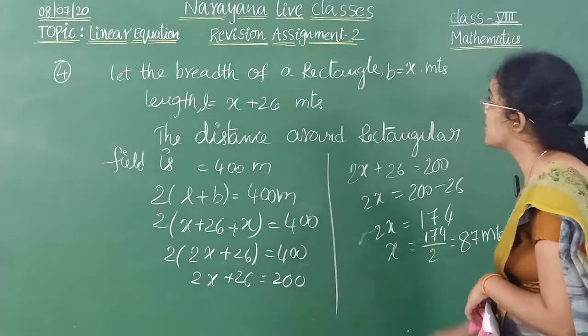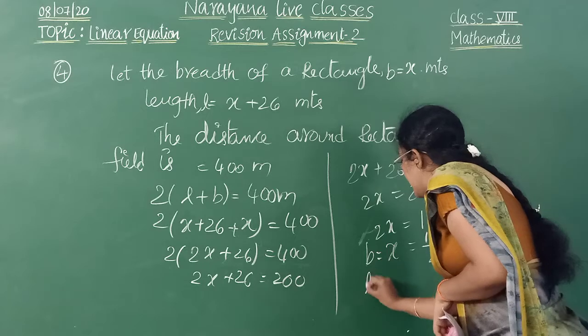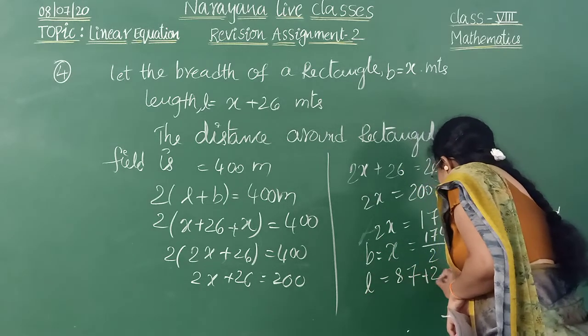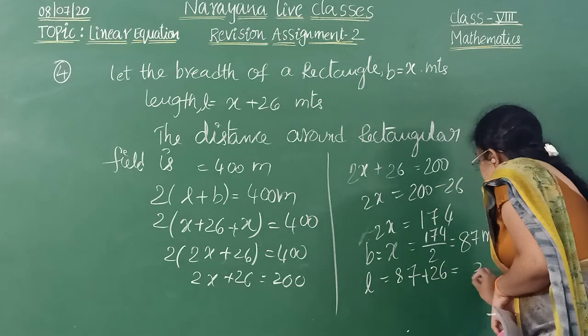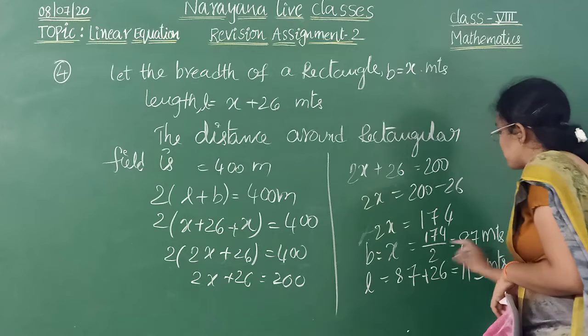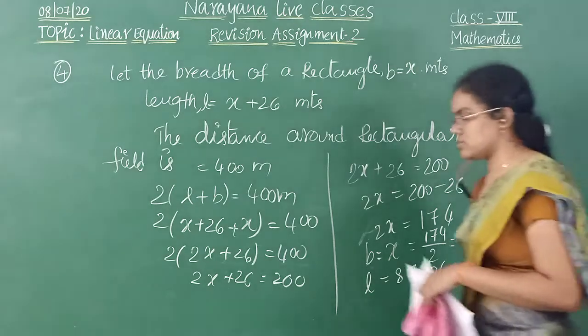The x value is the breadth, B, and L is equal to x plus 26. So 87 plus 26 is 113 meters. We found that the breadth is 87 and the length is 113 meters.